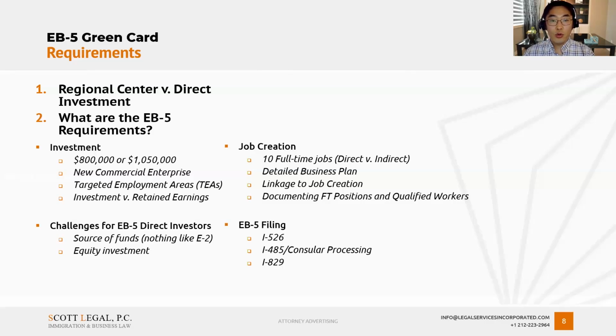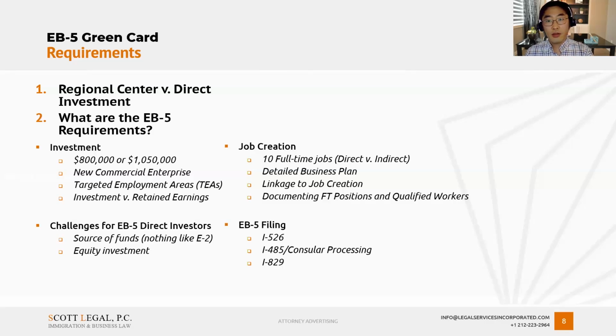USCIS will review the lawful origin of the funds and the full path of the funds, meaning how the money moved from the original source to the EB5 investment is reviewed in great detail, and you have to provide every single detail.